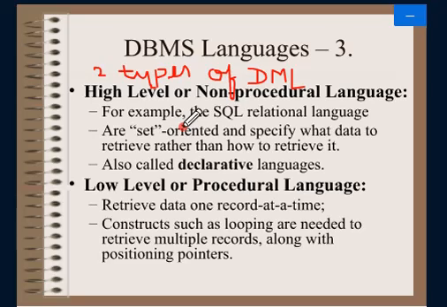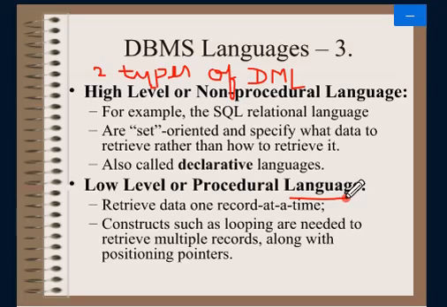Whereas in low level or procedural language, DML statements must be identified within the program so that they can be extracted by the pre-compiler and processed by the DBMS. A low level or procedural DML must be embedded in a general purpose programming language.